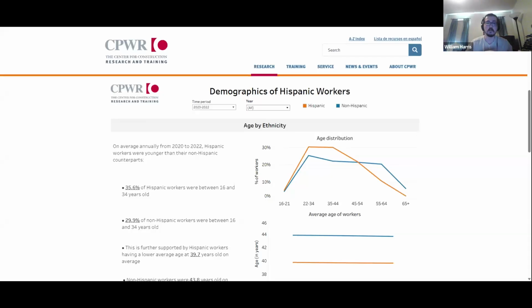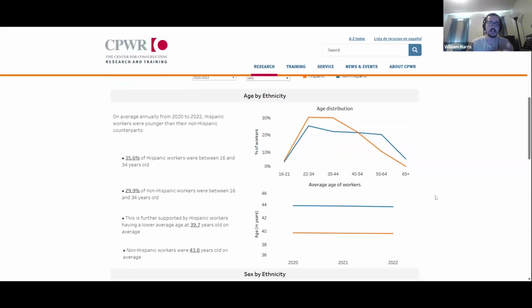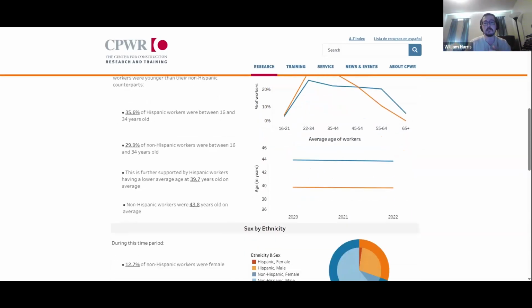For example, when we look at the distribution by age in this first chart, we can see that 35.6% of Hispanic workers were between 16 and 34 years old, whereas only 29.9% of non-Hispanic workers were between those two ages. We can also see a difference in the average age of these workers. For example, the average age from 2020 to 2022 of Hispanic workers was 39.7 years old, while for non-Hispanic workers, it was 43.8 years old.